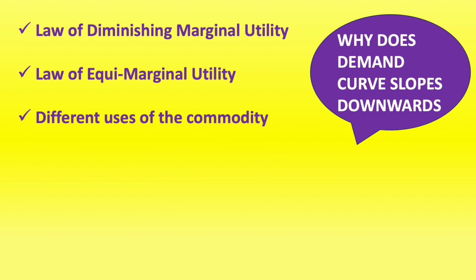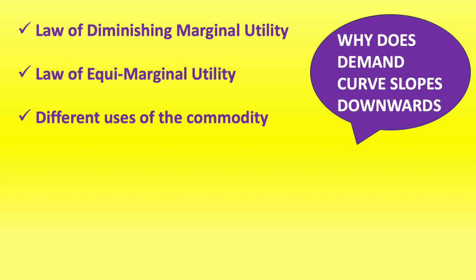Now the third one, different uses of the commodity. Some commodities can be put to several uses, which leads to the downward sloping of the demand curve. For such commodities, when the price goes high, the commodity will be used for important purposes alone, and when the price falls, the commodity will be used for all purposes.